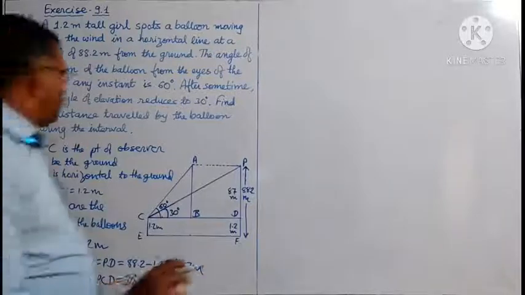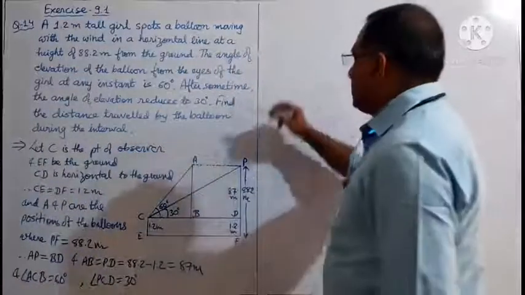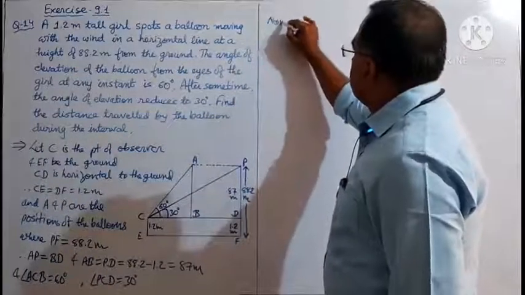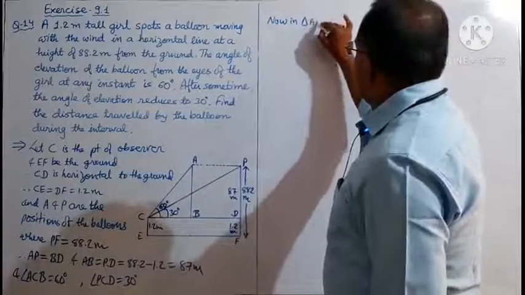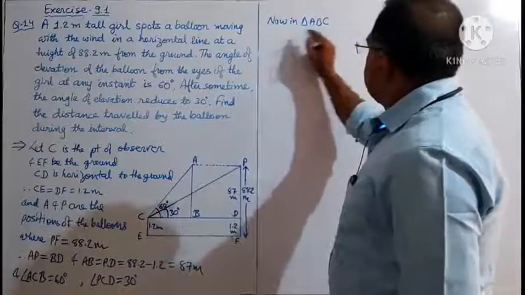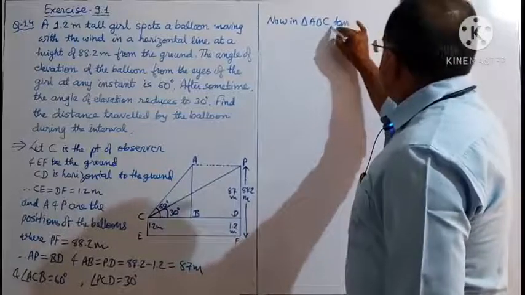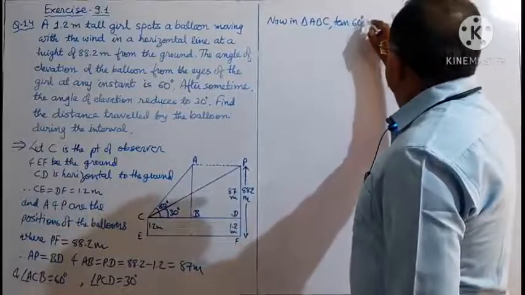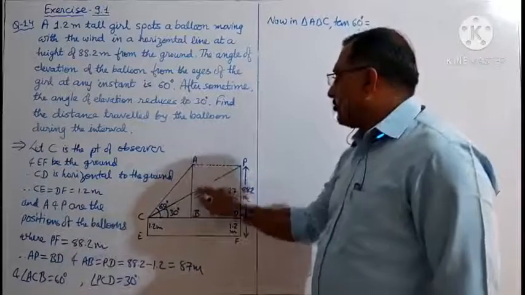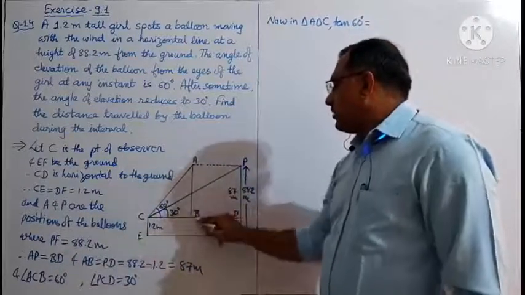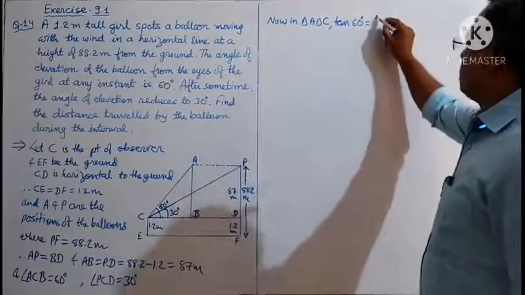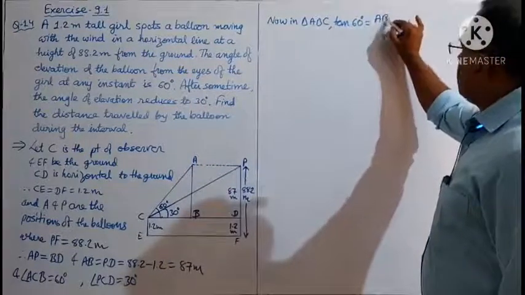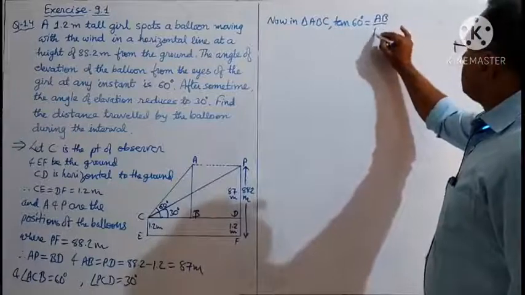So let us solve. Here now in triangle ABC, tan 60, opposite side. Here we have to take opposite side and base. So AB is the opposite side and BC is the base, the adjacent side. So here AB upon BC.